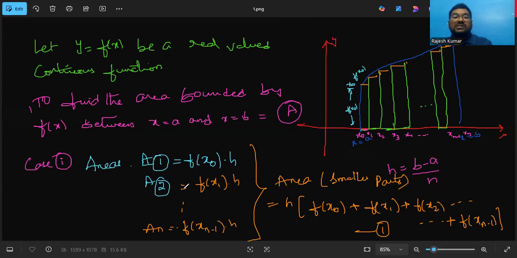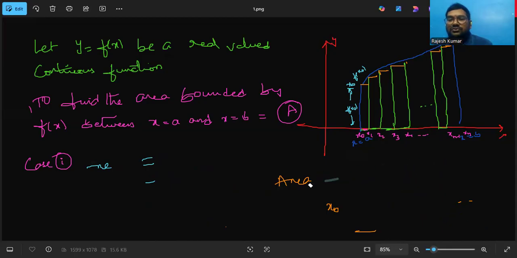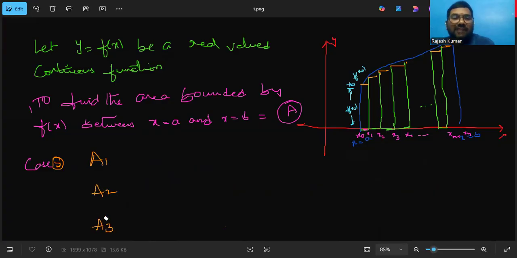Now when it comes to the second part, case 2, do remember case 1. It is h into f of x naught plus f of x1, like that. When I'm talking about case 2, again calculate the areas a1, a2, a3. But when we are calculating the first area, look at the graph.